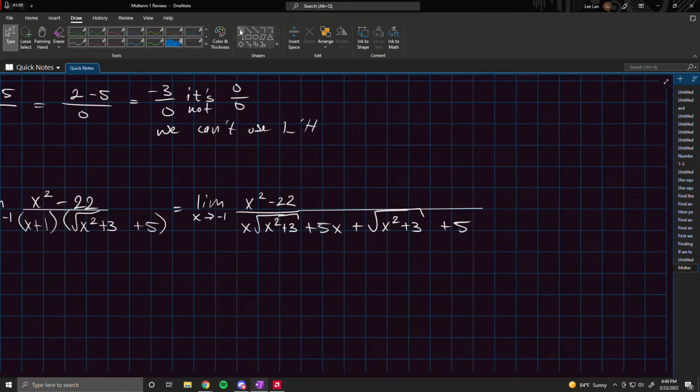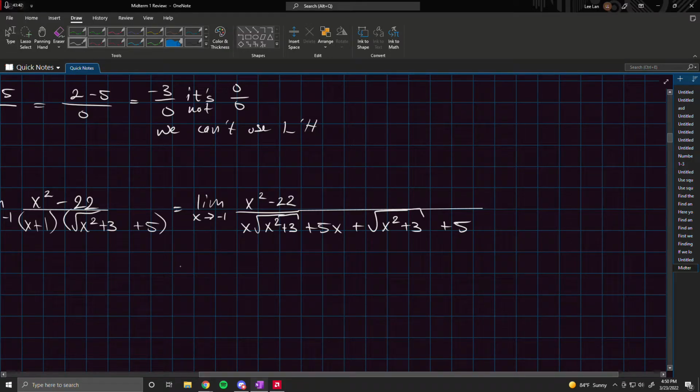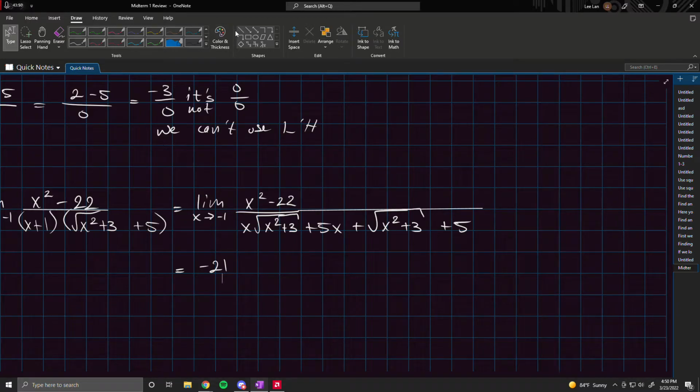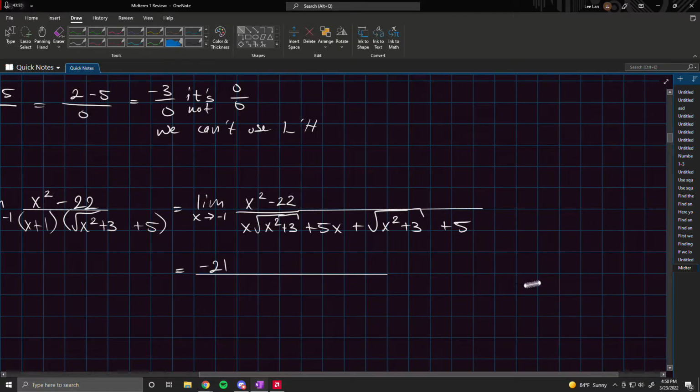Alright, let's try plugging in -1. So, -1 squared is 1, minus 22, that is -21. And this is divided by, you get -1 times, so this will be 4, so this will be 2 minus 5, plus, this will also be 2 plus 5.